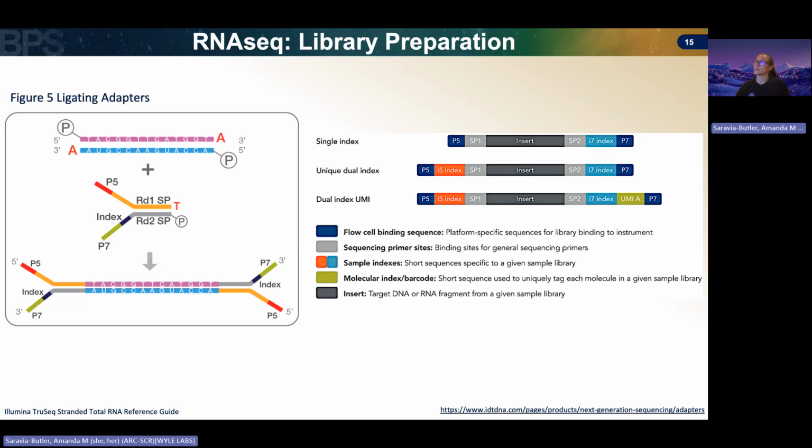And this sequence is going to be unique to our insert, so to our sequence. So that means that every sequence, in this case, from the same sample, will have the same index, but every sequence in that sample is going to have a unique UMI, right? A unique strand here.